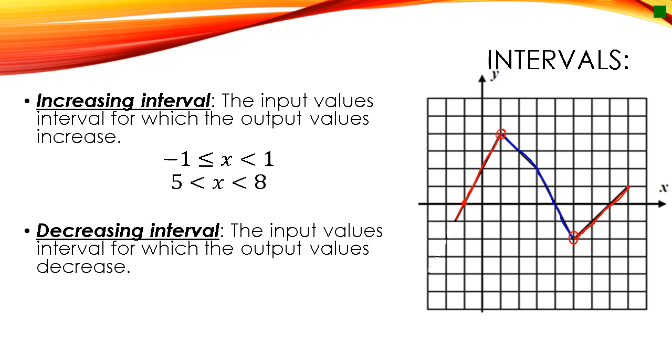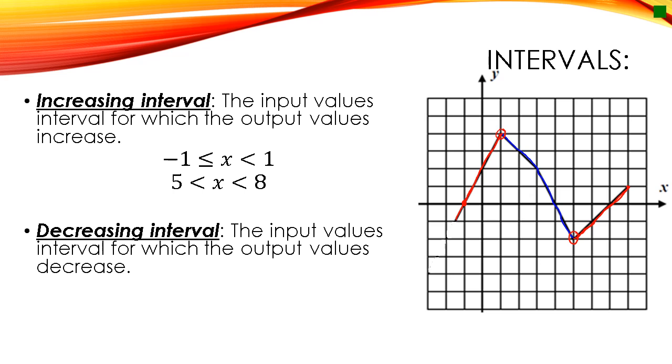I can also identify a decreasing interval. A decreasing interval is when the output values are decreasing as the input values are increasing, or the y values are decreasing as the x values are increasing. In this case, on the graph, we identified an interval for which the y values are decreasing, and it's represented by the blue curve there.